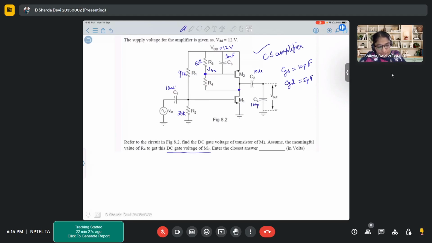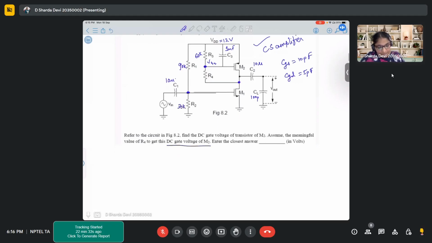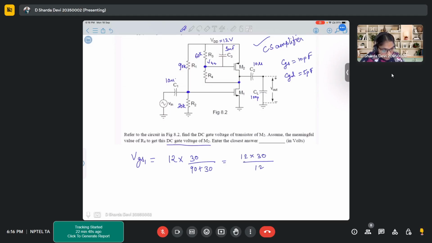So now what we'll do, let's observe this transistor M1. What is the gate voltage for transistor M1, which will be VGS1. Then applying that same voltage division rule, we will get 30 by 120 times 12. So VGS1 is 3 volts.